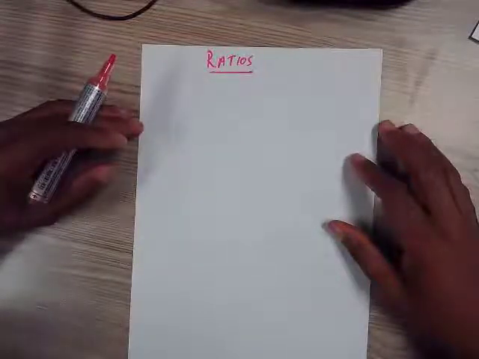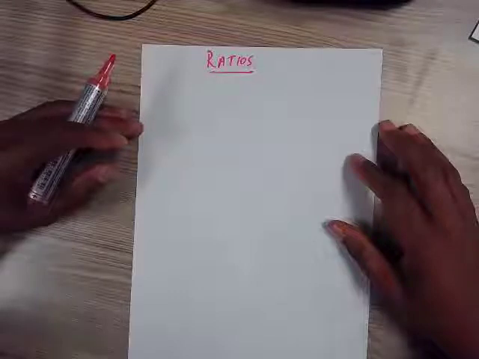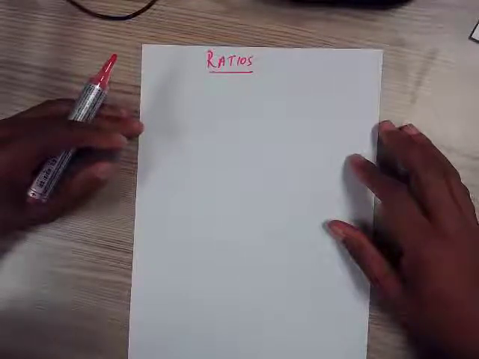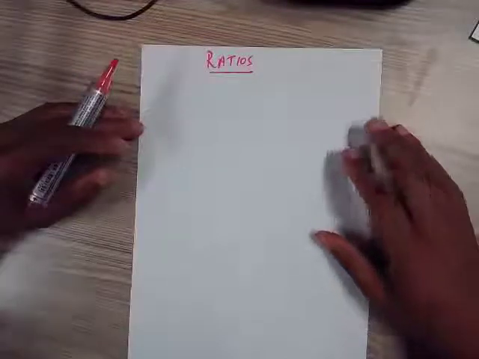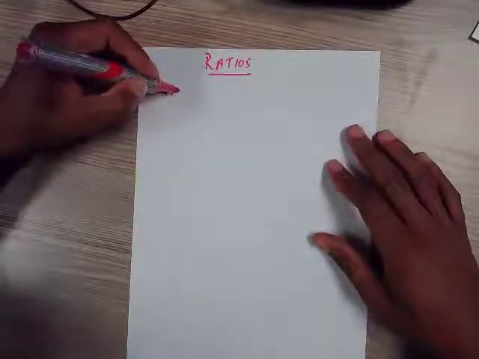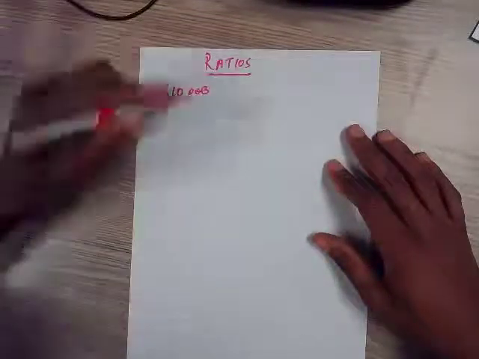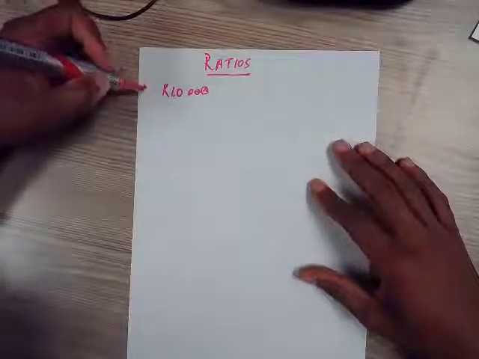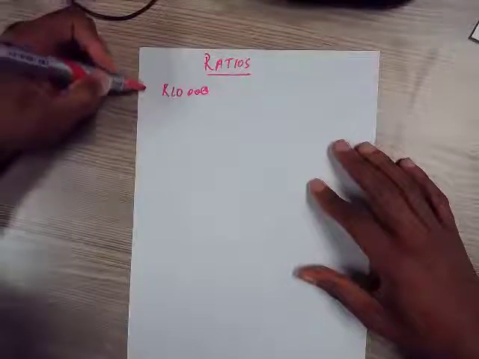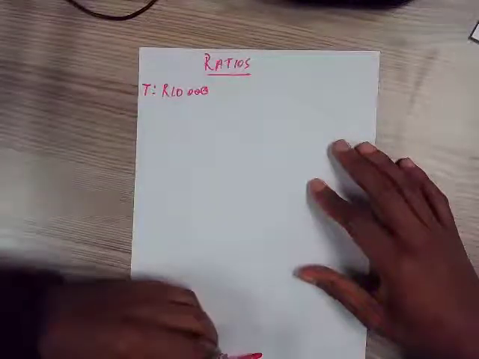So let's say we start a business, and in that business I put in 10,000, and then one partner, that's me here, Tabo.